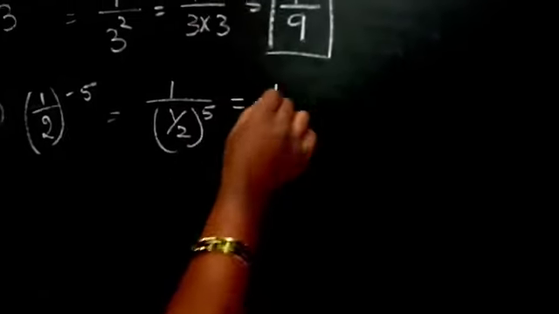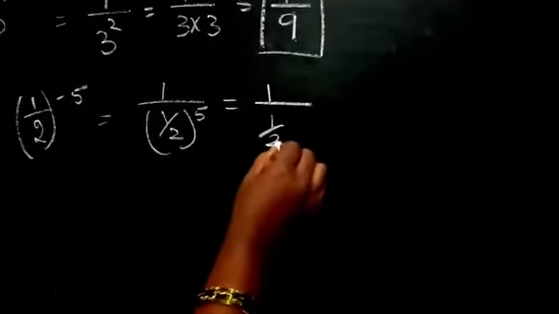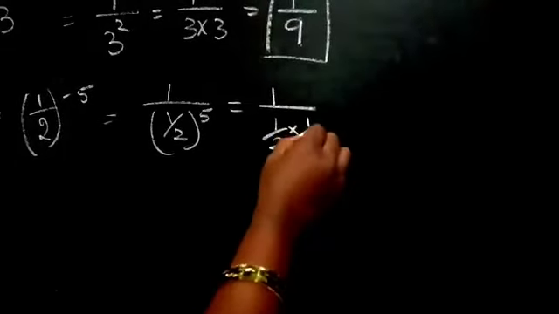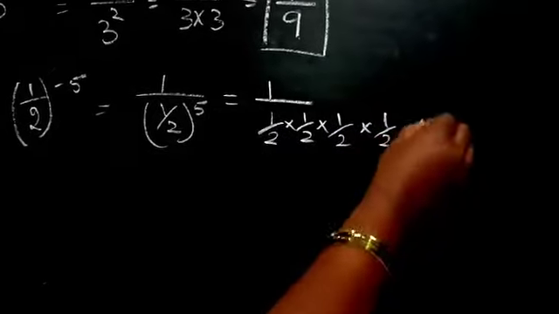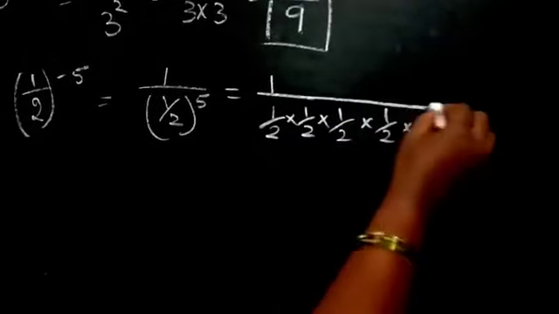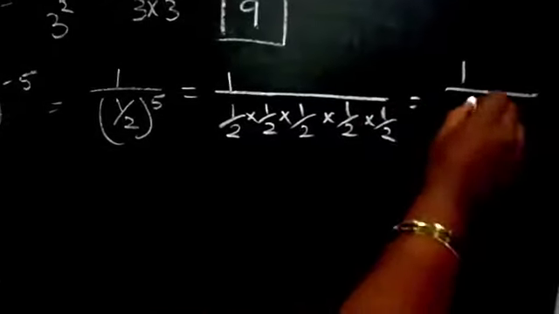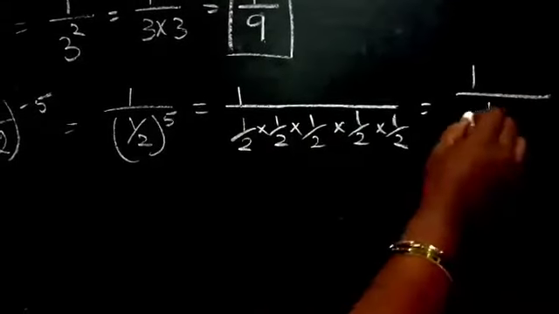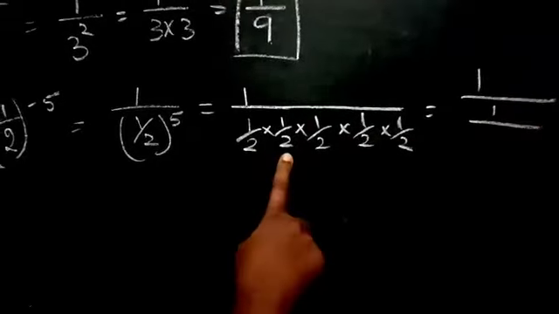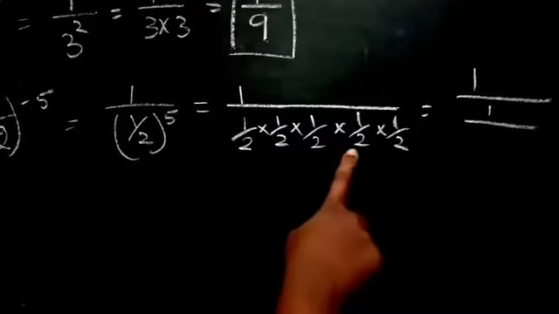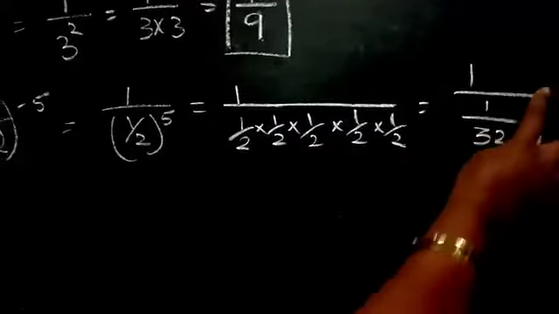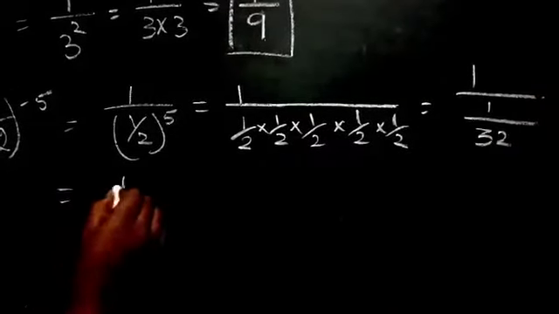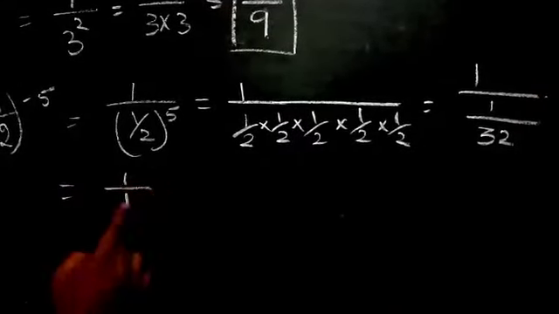So 1 divided by 1 to the power of 5 over 2 to the power of 5, meaning 2 multiplied 5 times. Now 1 into 1, everything is 1 only. Here 2 twos are 4, 4 twos are 8, 8 twos are 16, 16 twos are 32. So this is 1 by 1 by 32.